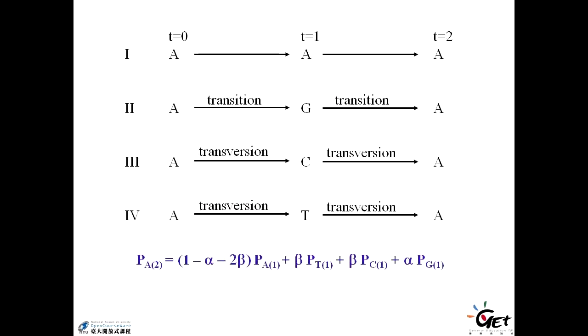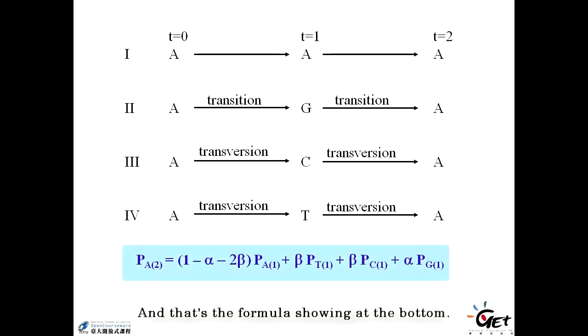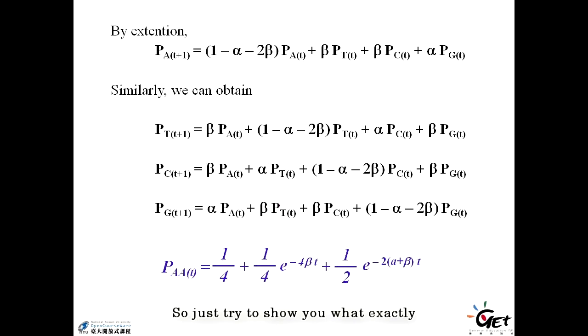As we did for the one-parameter model, now at time equals 2, you want to know what the status is based on the previous t equals 1. Then you only consider: if it's a transition, it's alpha; if it's a transversion, then it's beta. That's the formula shown at the bottom. I'm just trying to show you what people have written in the literature. This is also in your handout, notes, and the book. It's just a different way to express that.